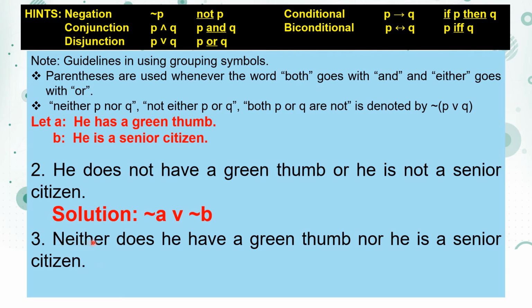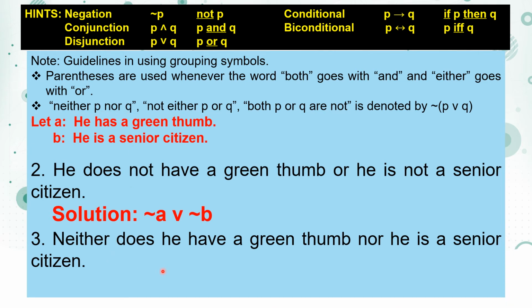You will notice we have the word neither. And in our guidelines, when the words are neither P nor Q, the mathematical symbols will be this. So, let's see if this statement is like neither P nor Q. So, we have the word neither, and "he has a green thumb" is our proposition A. So, neither A. Then, the word nor, "he is a senior citizen" is our proposition B. So, neither A nor B.